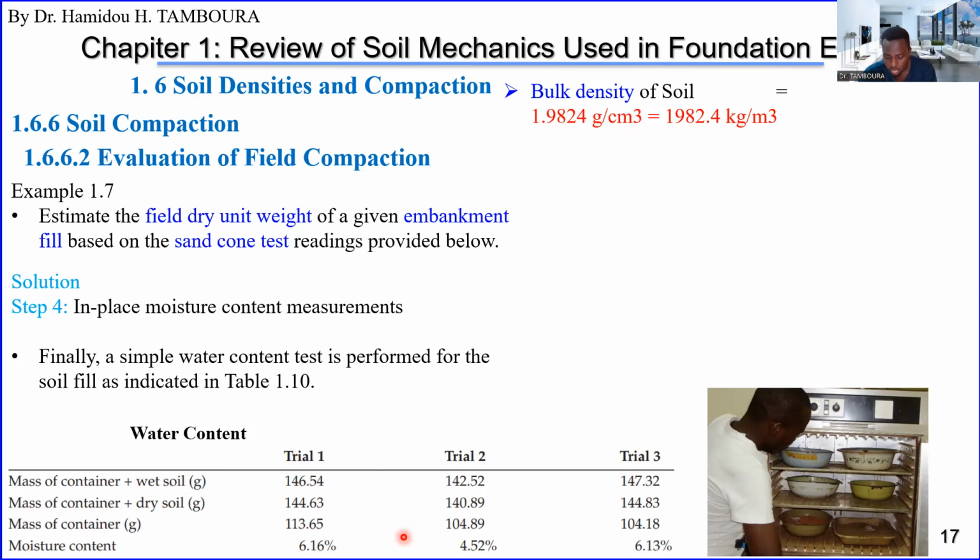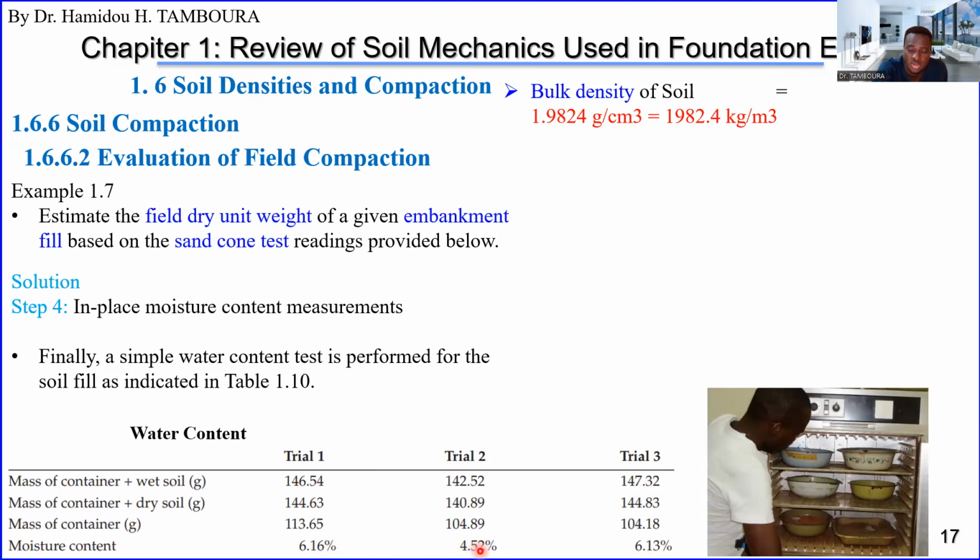So you can do that to obtain the water content for each trial. This one gives us 6.16%.